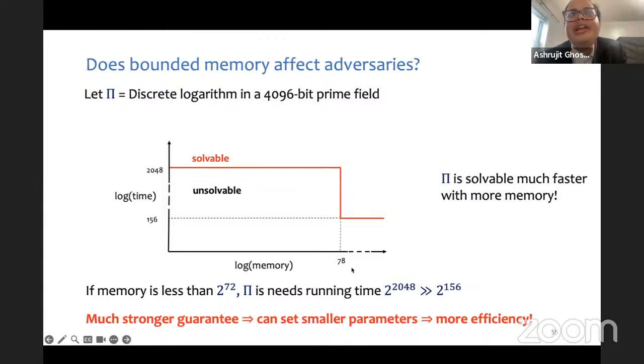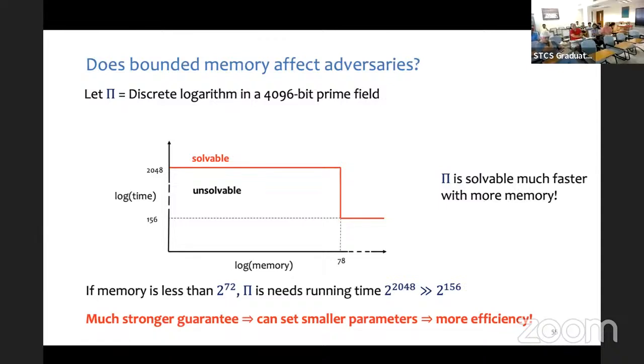For that, I would need 2^78 memory and 2^156 running time. So I've set a probability threshold here. Below that, I say it's unsolvable, as in it's not really significant, and above that, it's solvable. That's how I plot this graph.